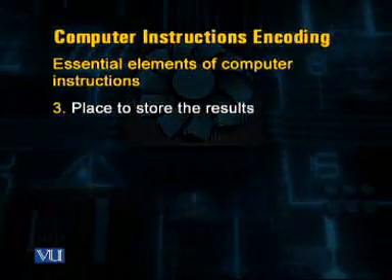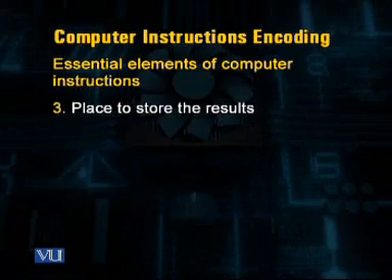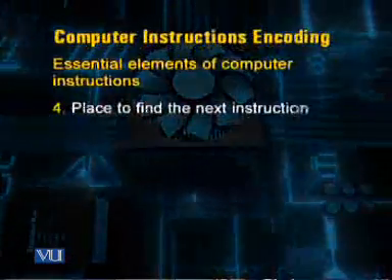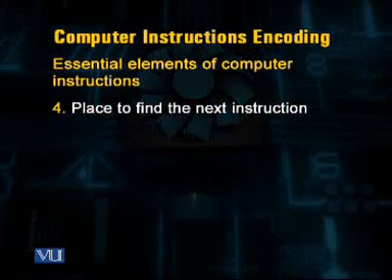Then we have to define where the result is to be placed. The possible location of the result again may be a register of the microprocessor, or it may be some memory location where the result is to be made available. The last but not the least is the place to find the next instruction.